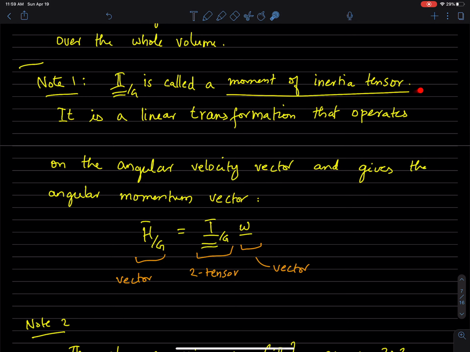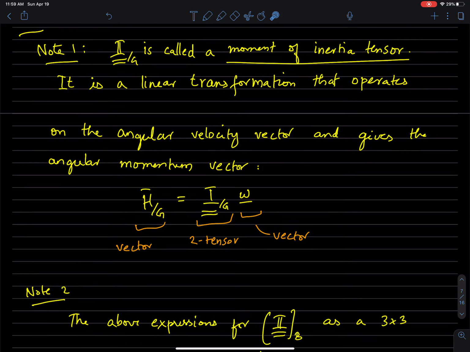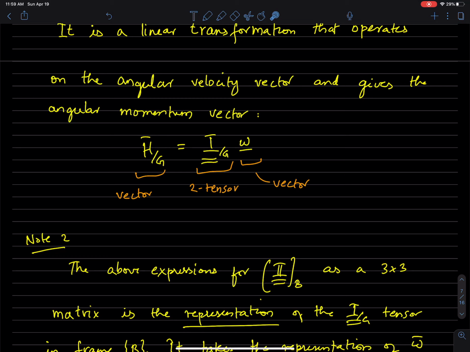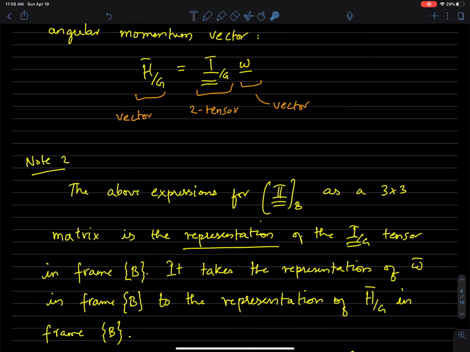Okay, so that's the moment of inertia tensor. This is what it does. So written in sort of abstract form, it takes in a vector, operates on that vector, and gives you another vector. That's why it's called a tensor, because it's the linear transformation from one vector to another vector.